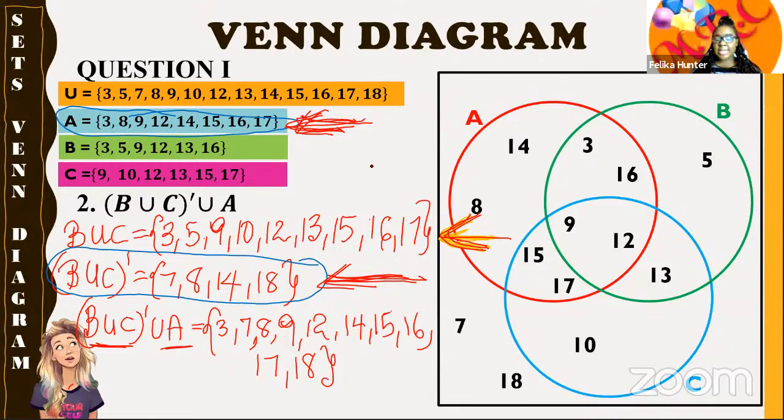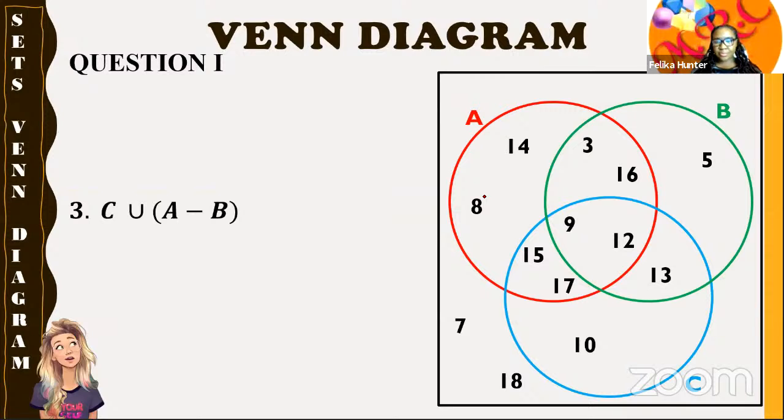All right, so we're going to go to the next question now. And it says C union A minus B.